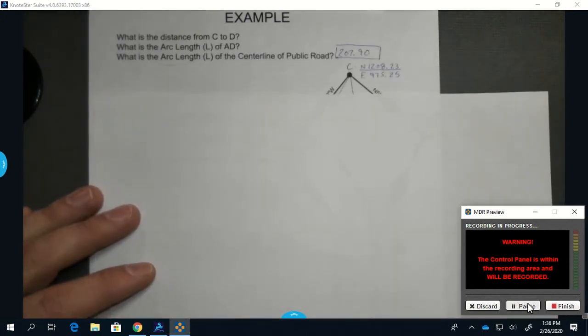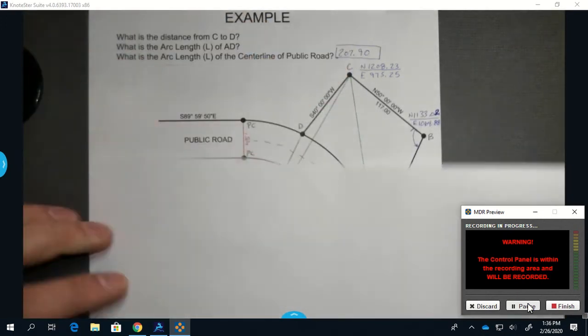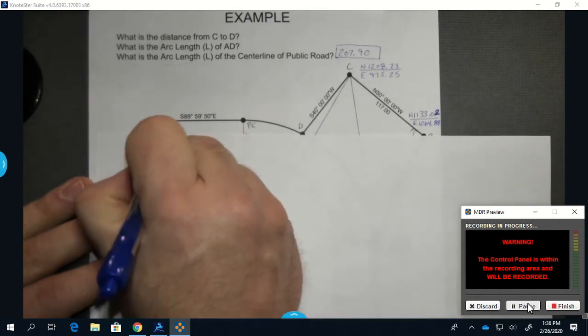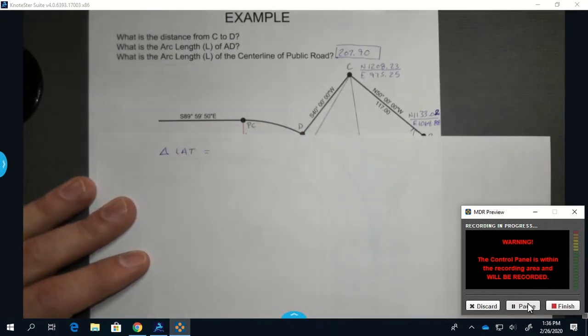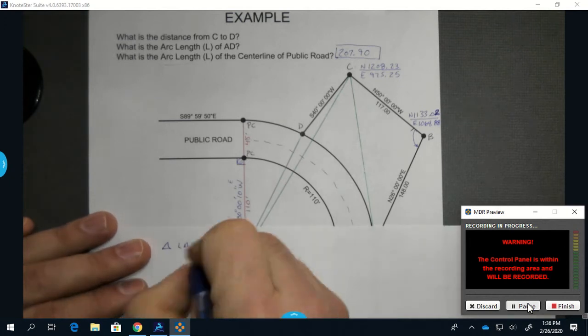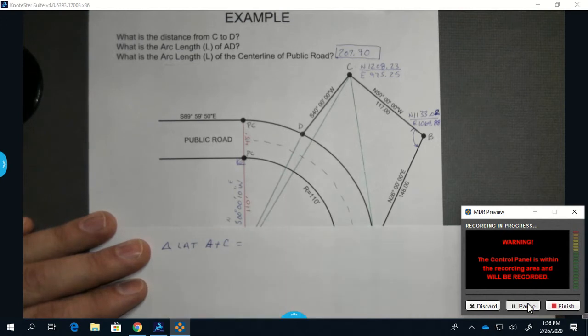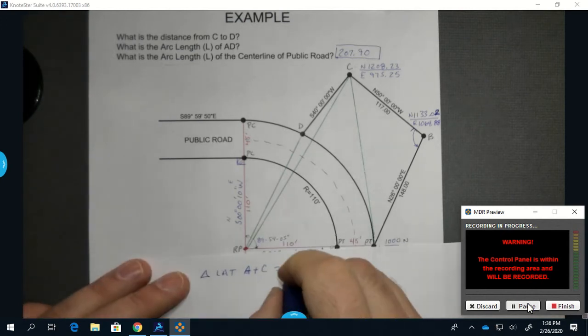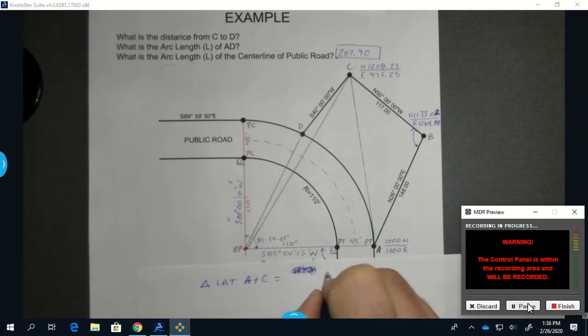Well, we're going to need to do the arctangent of the change in latitude and departure. So let's see here. We have the change in latitude between those 2 points, between A and C. Actually, I'll do A to C. So A is 1,000 for the northing.